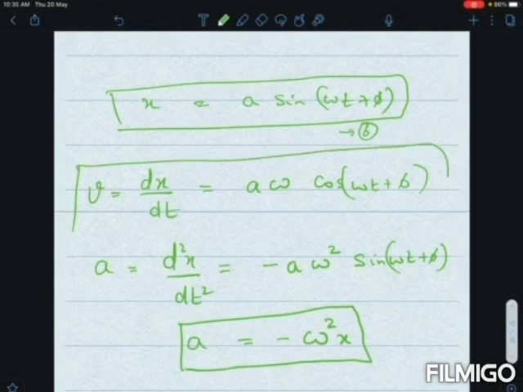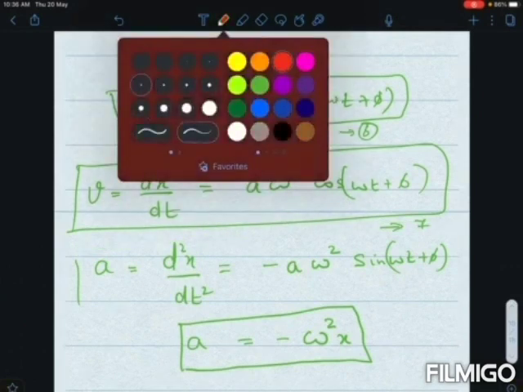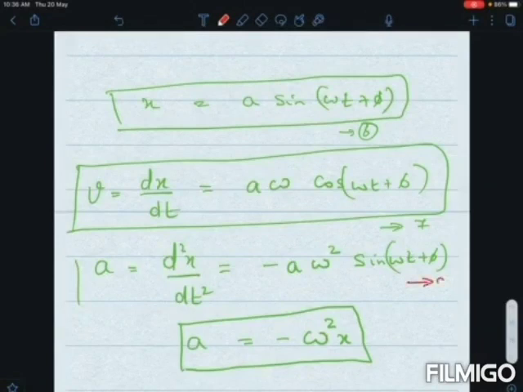We require all this for a future explanation. This one is 8. So this is my 8th equation, and this will be my 9th equation. So we have found the displacement, velocity and acceleration of the SHM, simple harmonic motion.